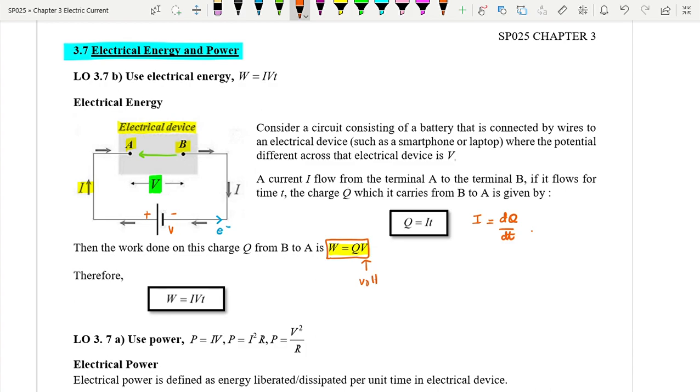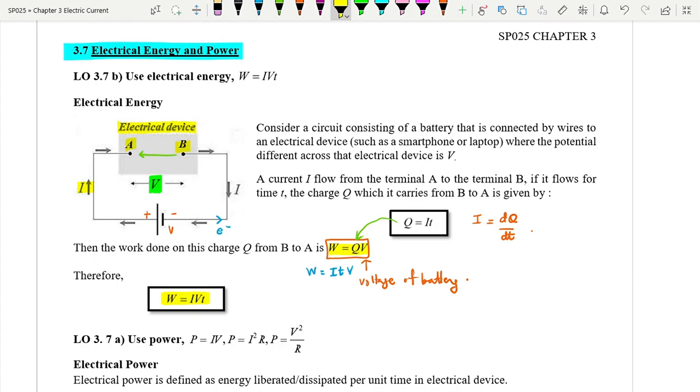This is the voltage of the battery that we label as V. That is also equivalent to the voltage of the device, the voltage across the device. From this formula, we can substitute Q equals IT. So we end up getting W equals ITV.